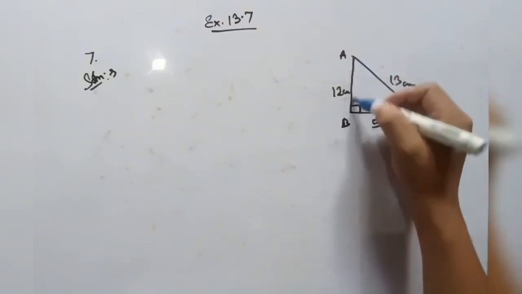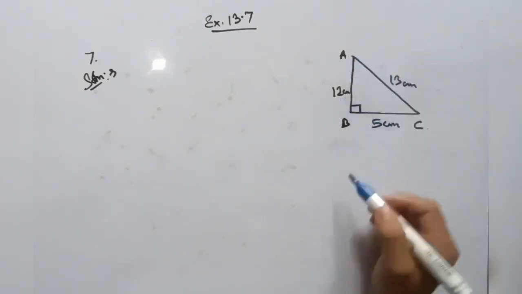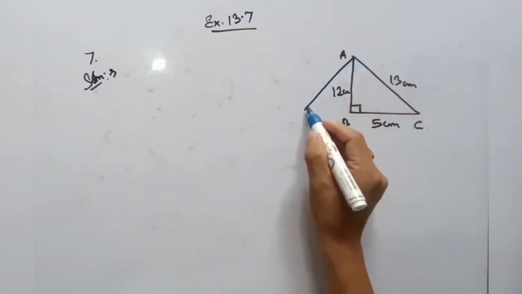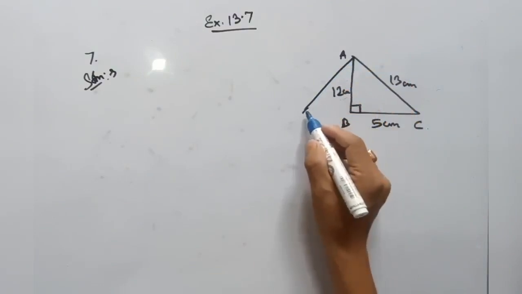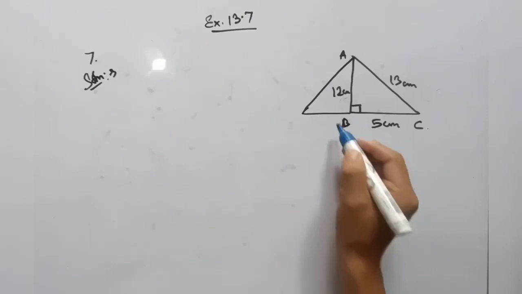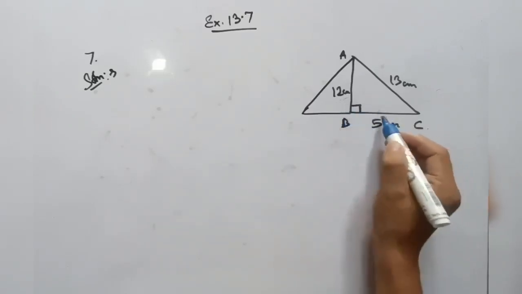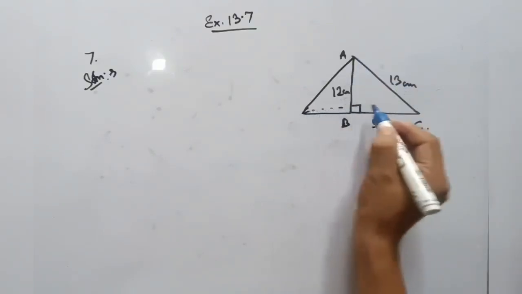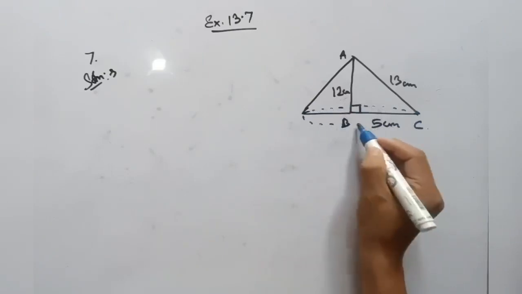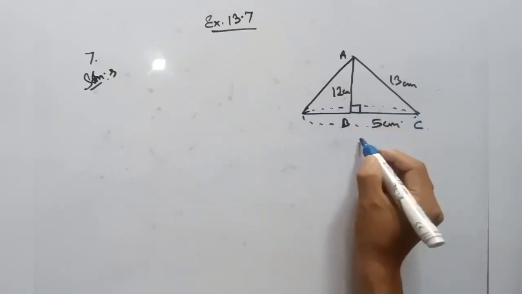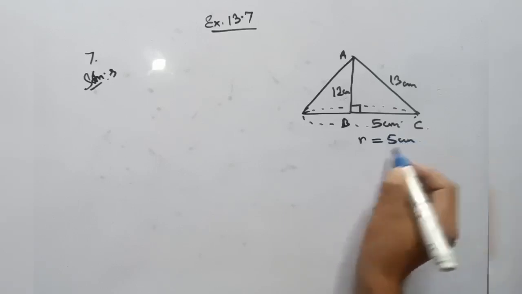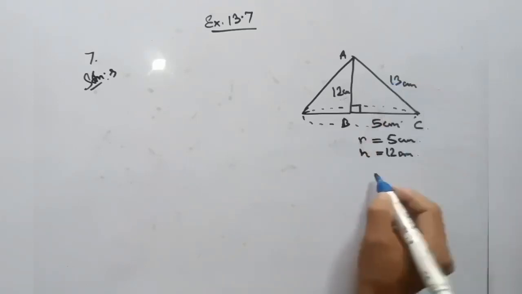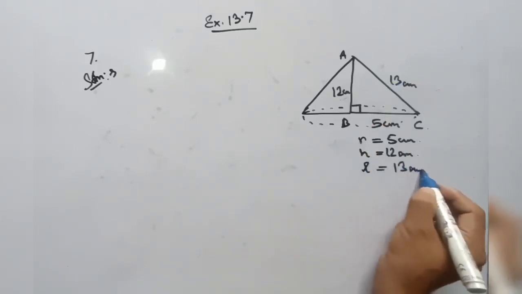So if we revolve this right triangle ABC about the side 12 cm, we will get a right circular cone with radius 5 cm, height 12 cm and slant height 13 cm.